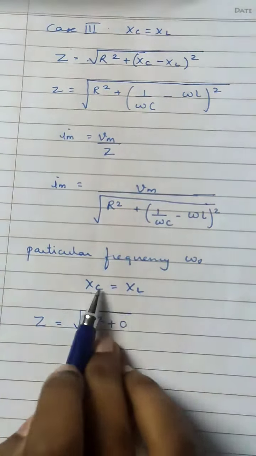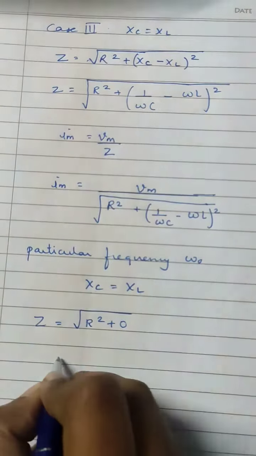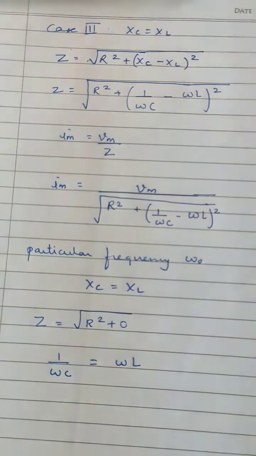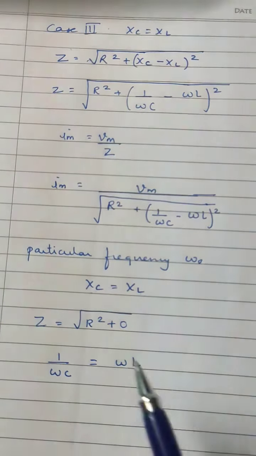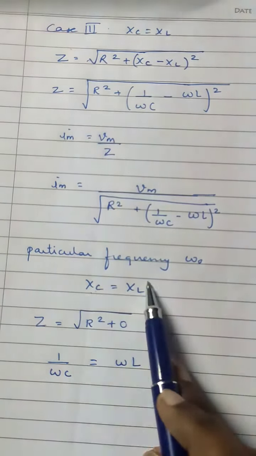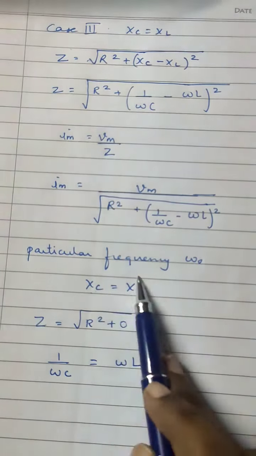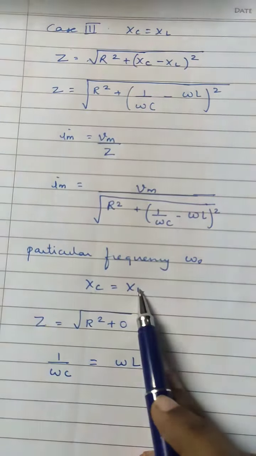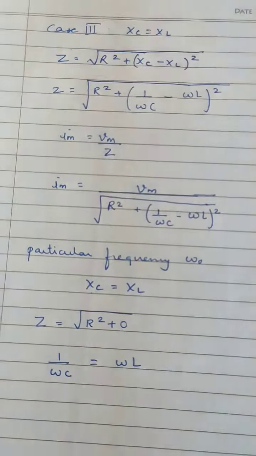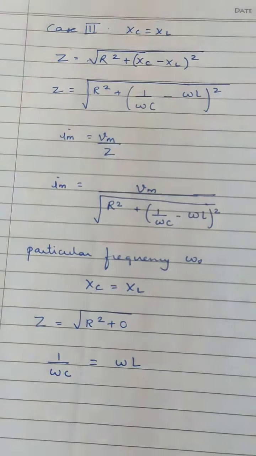Since XC and XL are both equal, 1 upon omega C is equal to omega L. Both the inductive reactance and the capacitive reactance become equal.